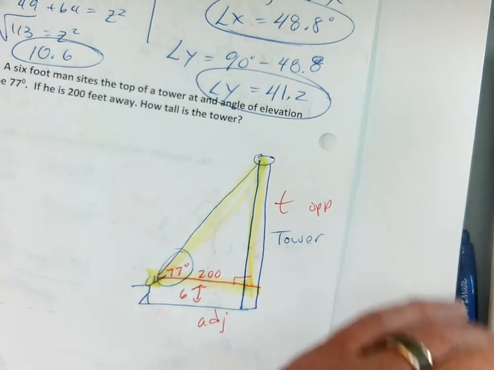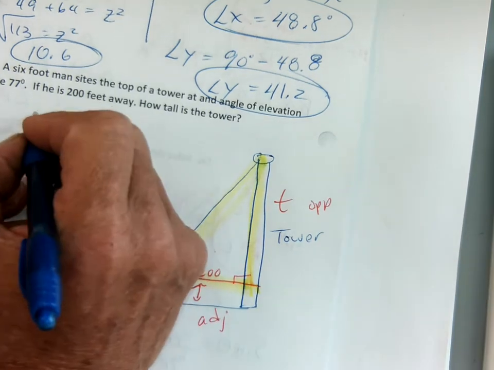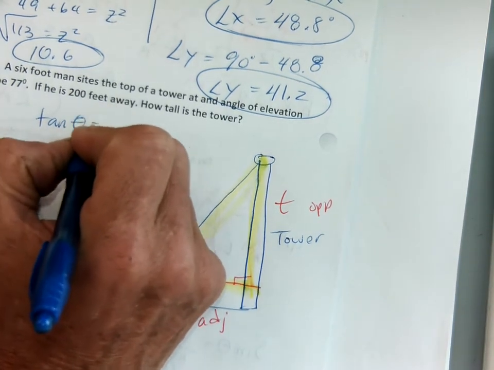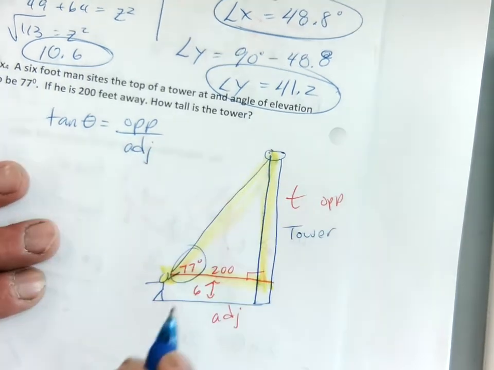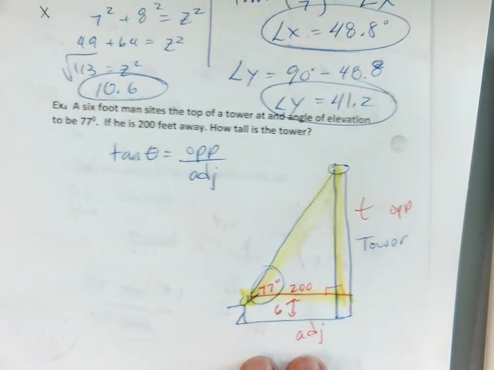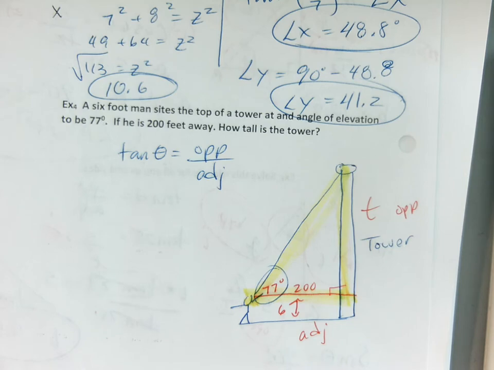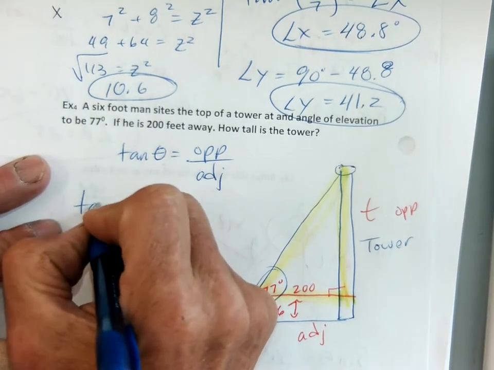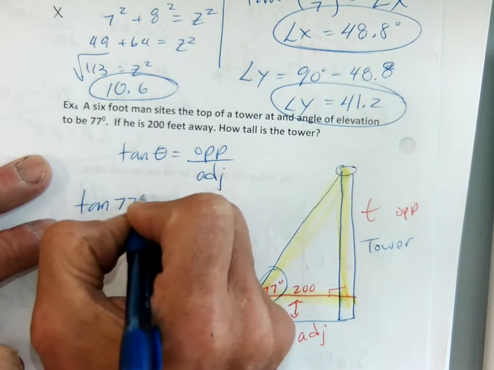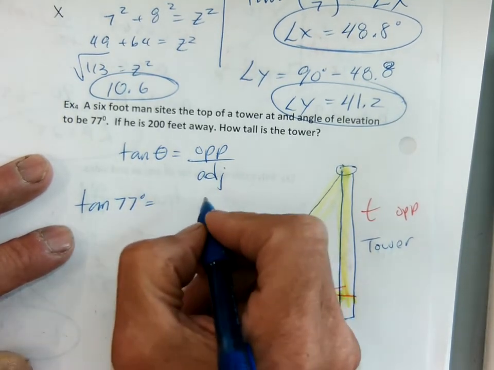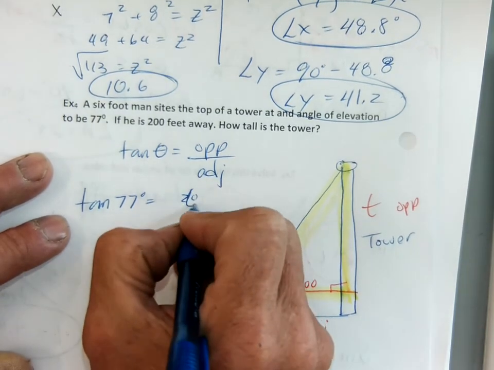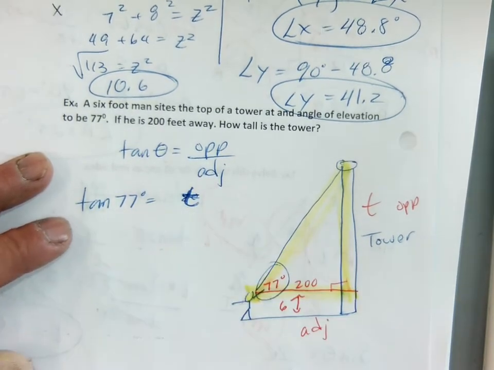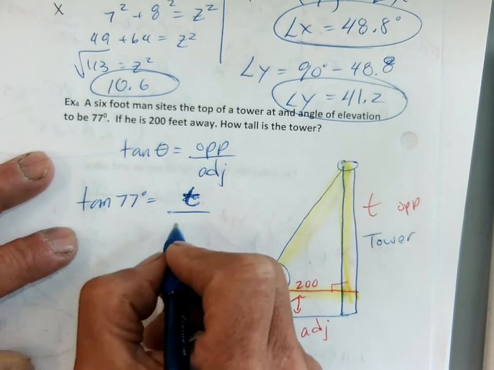So tangent of theta equals my opposite over my adjacent. Theta is my angle, so I'm going to rewrite that as 77. My opposite is t, and my adjacent is 200, okay?